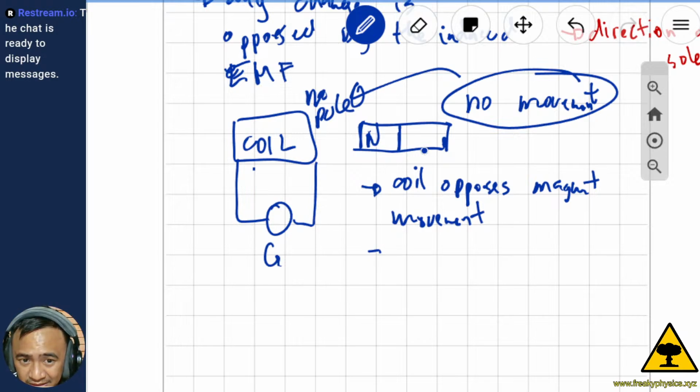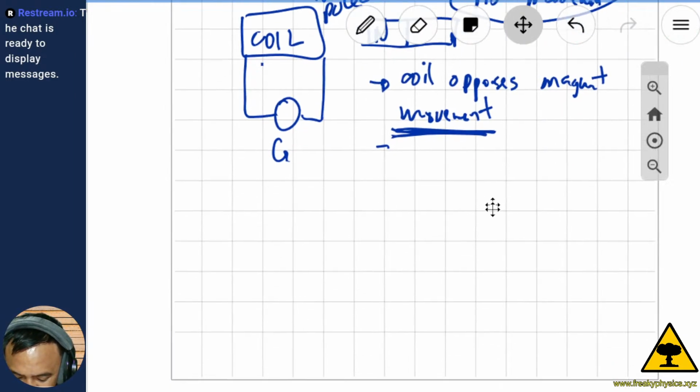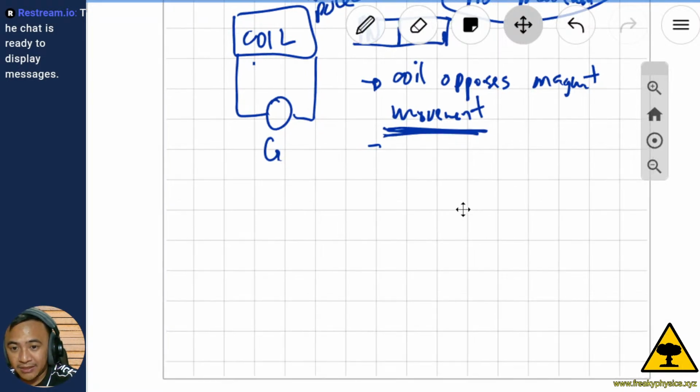Yes. Because it will always have to oppose the movement, and it's not about the magnet itself. It's about the magnet moving. Now, that movement is relative, so you can move the coil to the magnet or the magnet to the coil. Either way, the effect is the same.